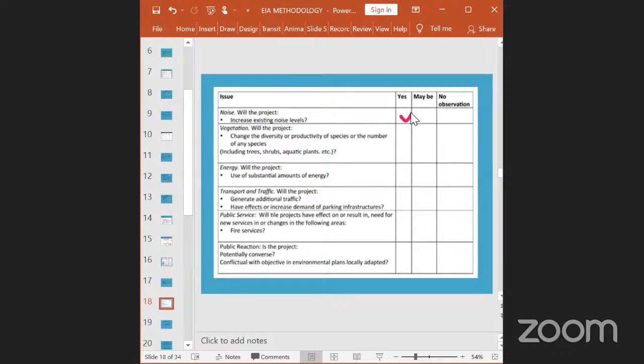In case it is yes, you tick the mark yes, or no in case of no. So this is the questionnaire sheet. The next ones follow the same way, like vegetation, energy, transport and traffic, public service and public reaction. So yes or no or maybe, right?